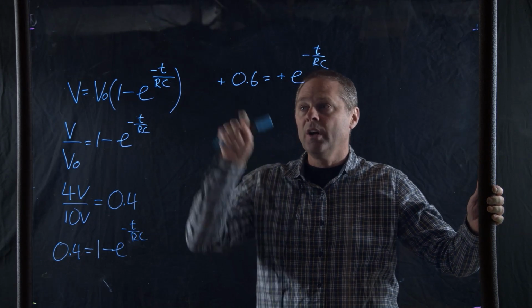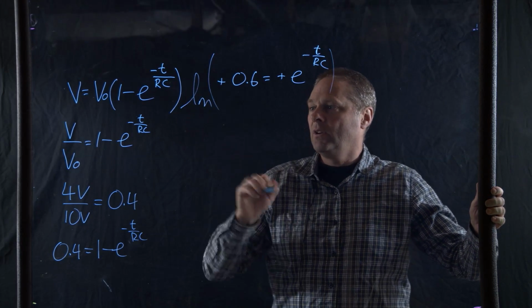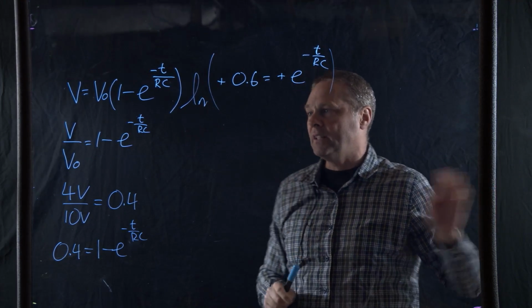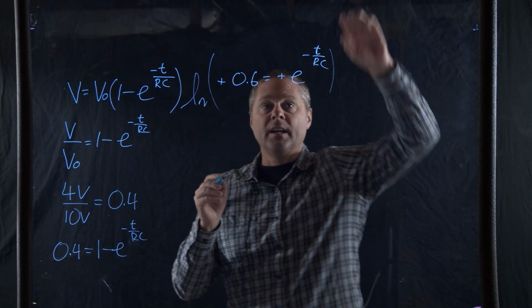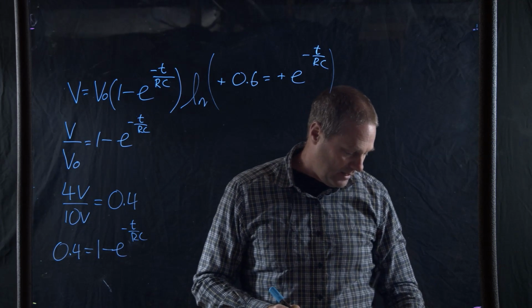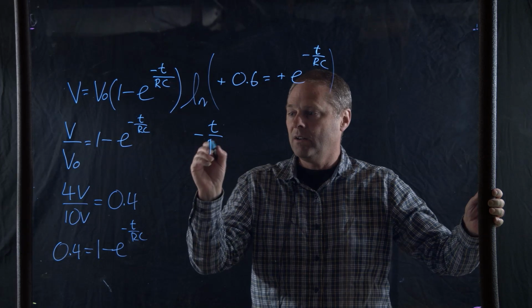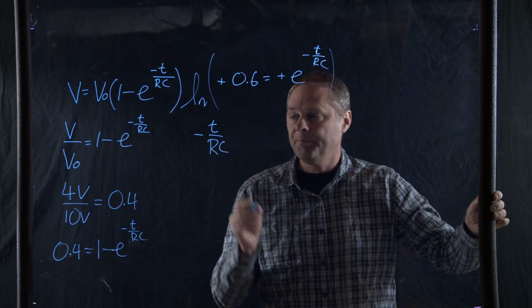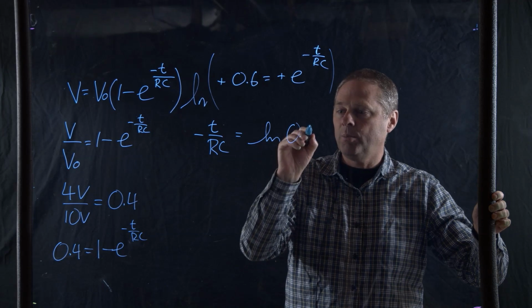Now we can take the natural log of all of this. We get minus t upon RC is equal to the natural log of 0.6.